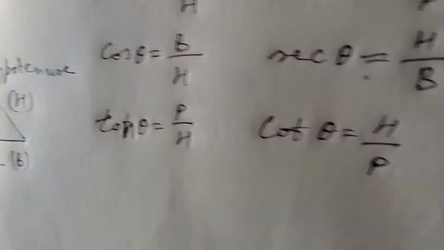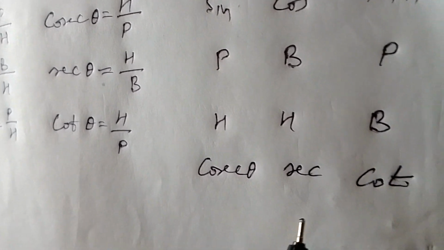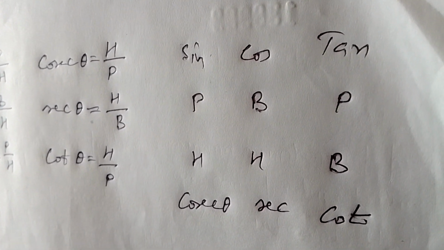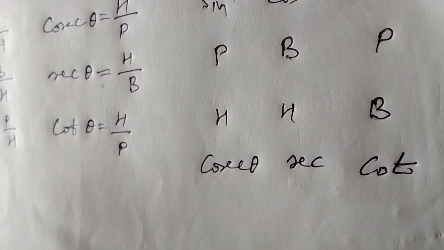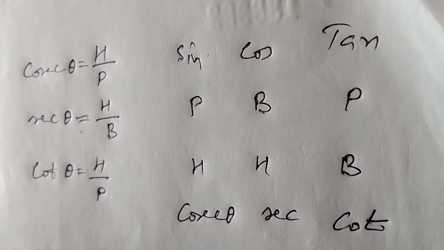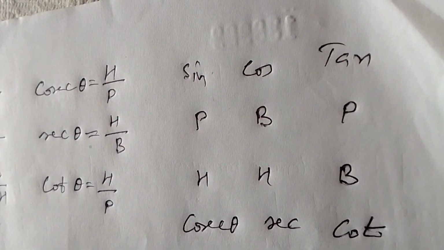So this is the main introductory part and 6 t ratios of trigonometry. On the basis of these t ratios, we will solve the sums of the exercise of this chapter.